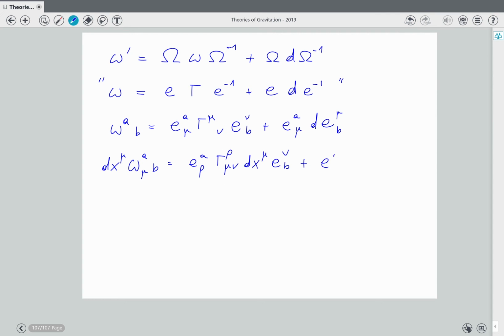And here we have, let me write again, the differential with the index mu, and then this will be some nu b. So you have this identity, and then you can drop dx mu everywhere because these are just one forms. The coefficients must be equal, and the complete relation then is as follows.